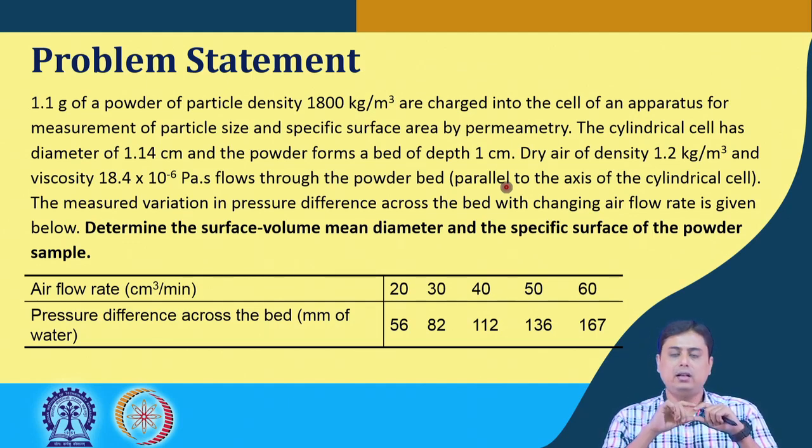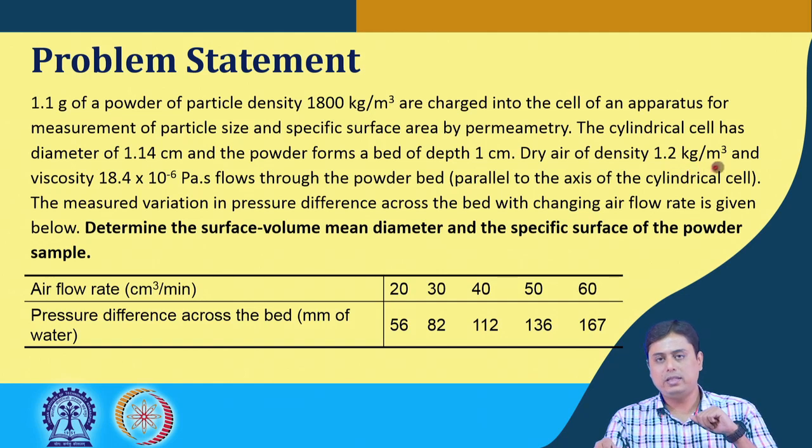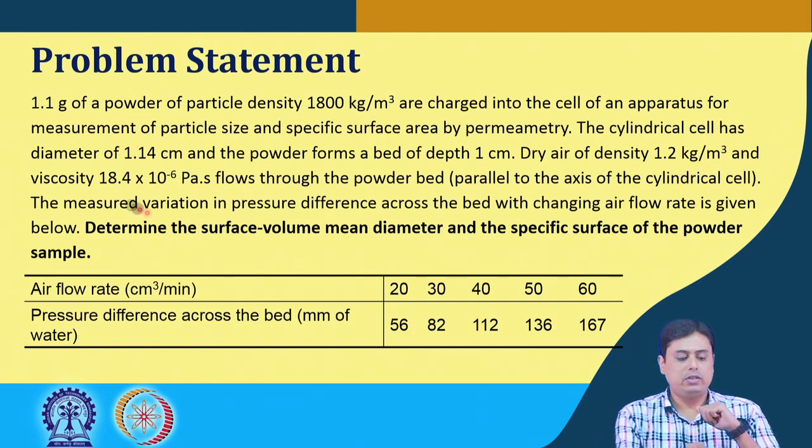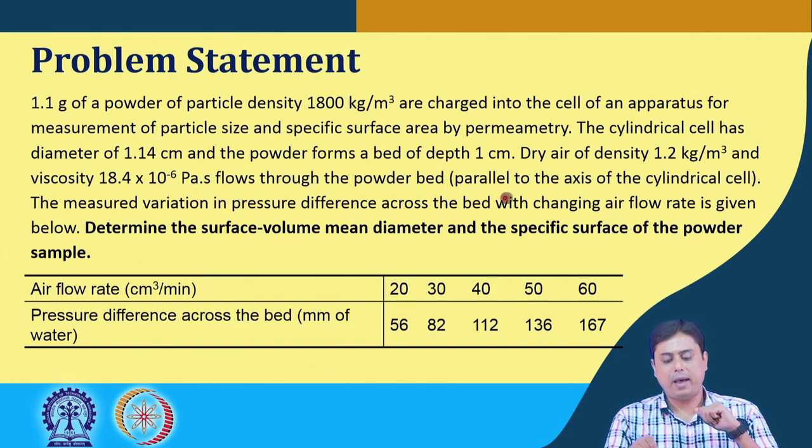Once you fill that cell with 1.1 gram of powder, it creates a height of 1 centimeter. Then dry air of density 1.2 kg per meter cube and viscosity 18.4 into 10 to the power minus 6 Pascal second flows through the powder bed parallel to the axis of the cylindrical cell. That means it flows along the axis of the cell.